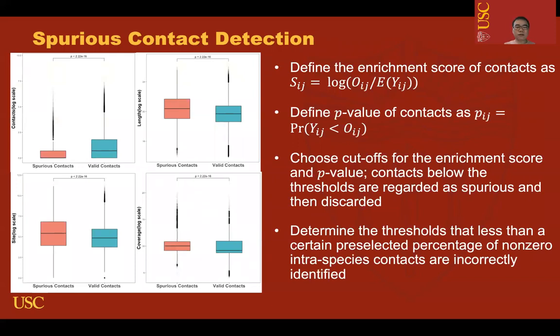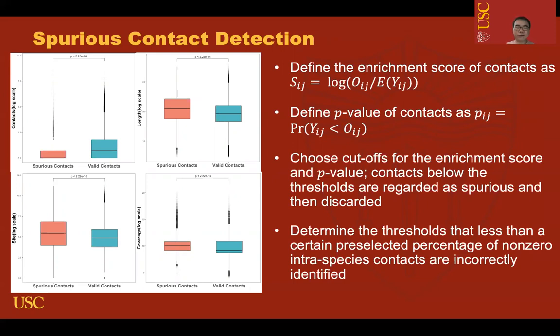After correcting the explicit biases, our second goal is to remove the spurious contacts. Before we introduce the method, which is still based on our regression model, we can first observe the difference between the valid contacts and the spurious contacts in these four figures.